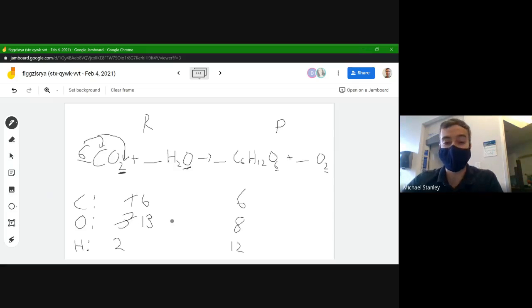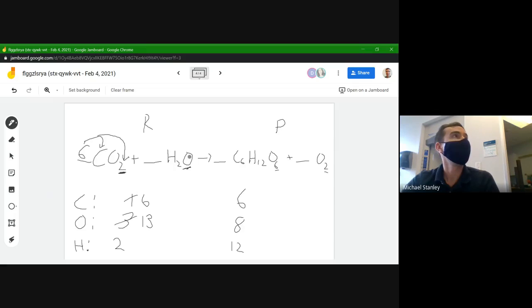So I'm going to continue on with my strategy of trying to balance the smaller numbers first. Now, there's a lot more O's, so I'm going to skip that one for now and go to our H's. 2 and 12 H's is smaller than 13 and 8 O's. So we have 12 H's over here on our product side, and we have 2 H's, this little H2 right here, on our reactant side.